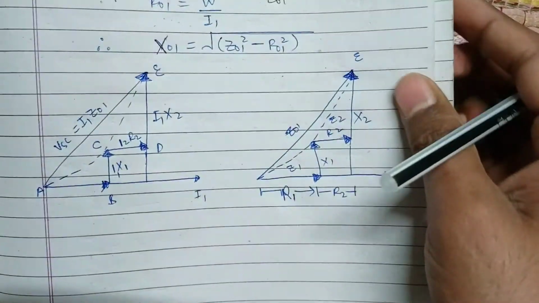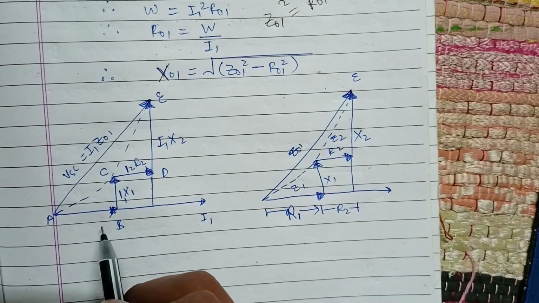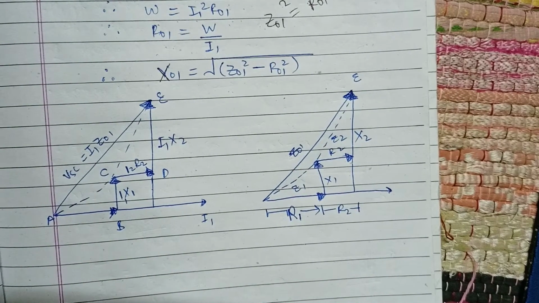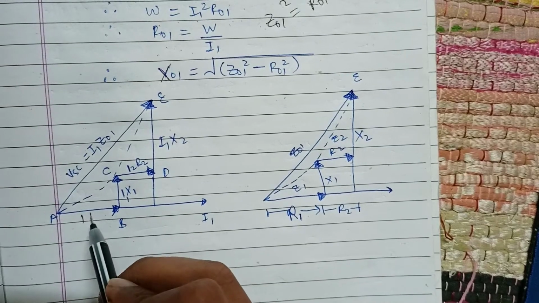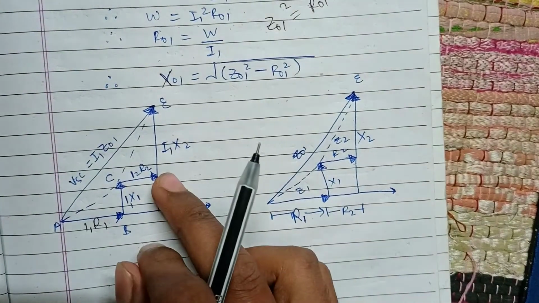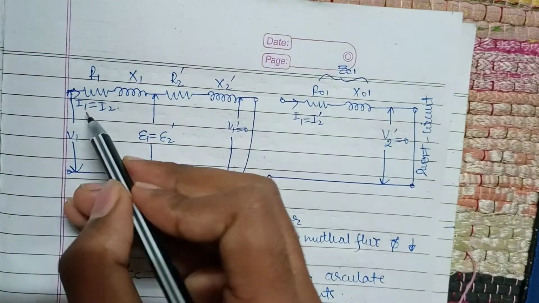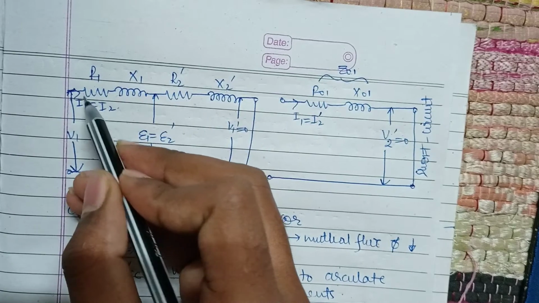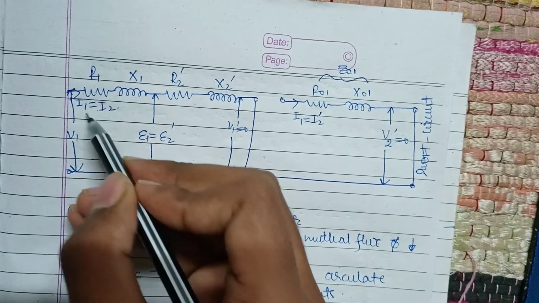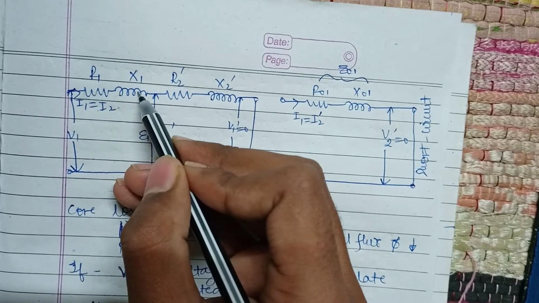Now the main task is to draw the phasor diagram. How to draw the phasor diagram? The phasor diagram is drawn based on this figure. Basically, I1 is coming from here and passing through R1, having the voltage drop of I1 R1, and then going to X1.